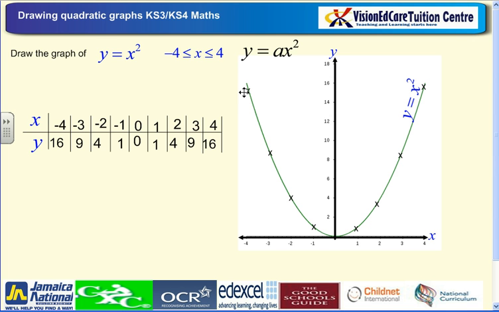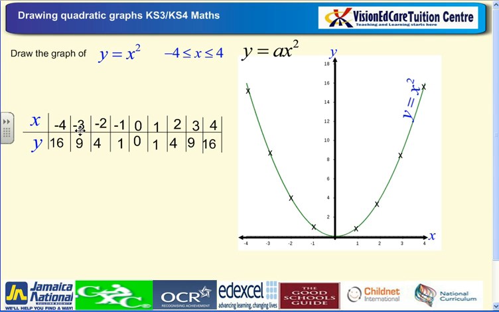Then we plot our points and draw our curve. So our first coordinate is minus 4 and positive 16. So we look on the x-axis for minus 4 and we read up on the y-axis for positive 16. And this is our first coordinate.